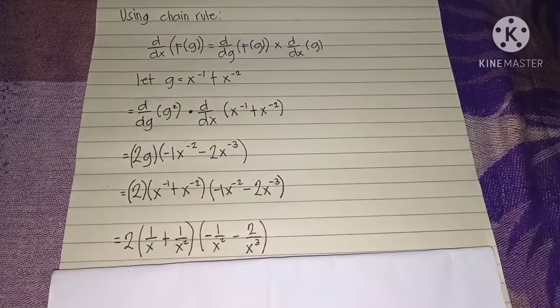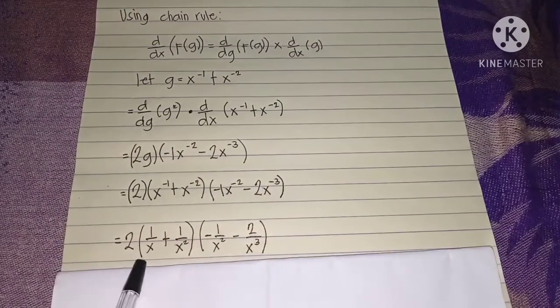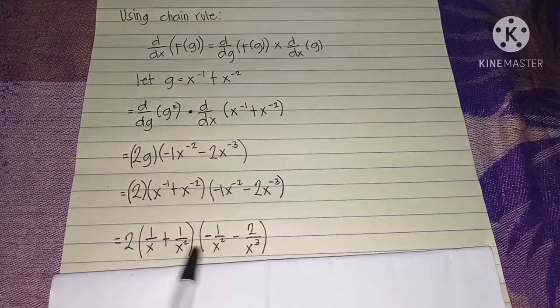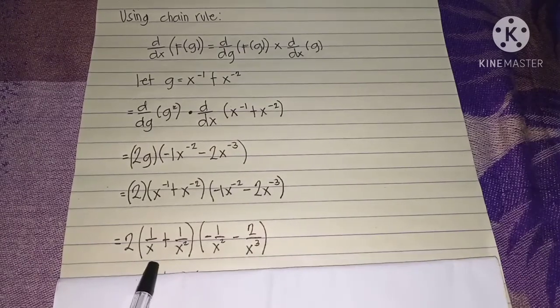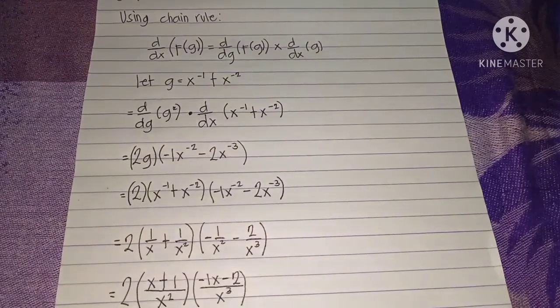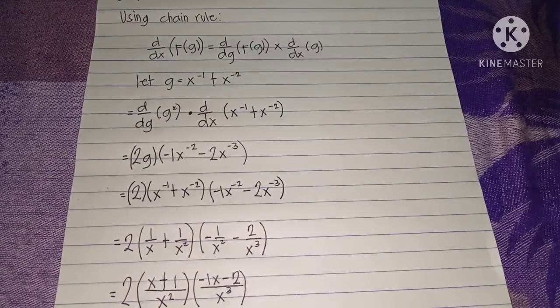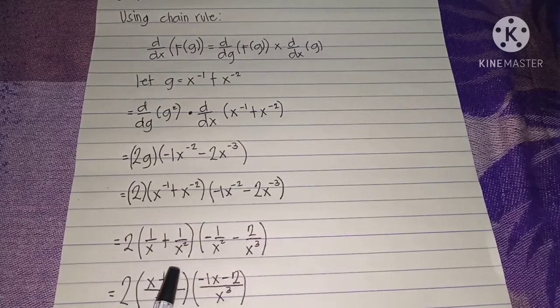At this point, we'll try to find the least common denominator of the two. The least common denominator of this is x squared. So x squared divided by x is x times 1 is x. X squared divided by x squared is 1 times 1 is 1.